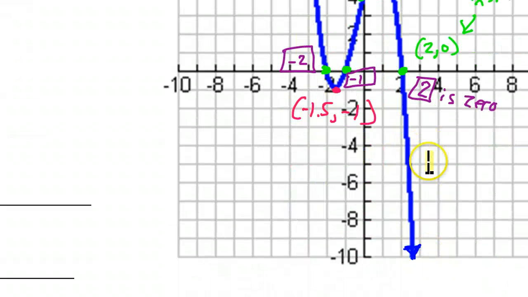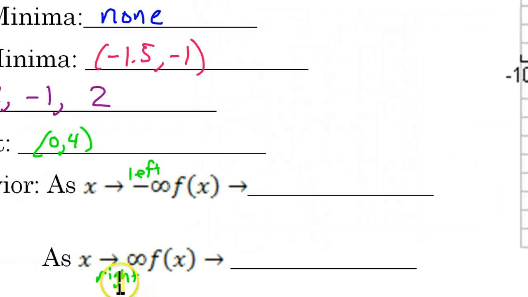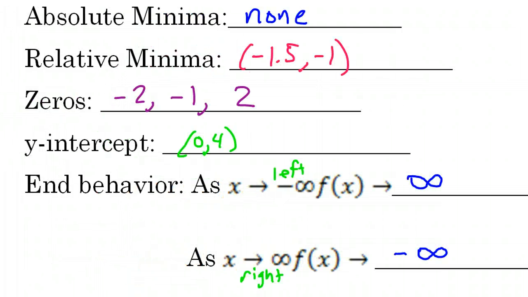On the right, it falls. So on the left it rises, so that's why I'm going to put positive infinity. On the right it was falling, so that's negative infinity. So positive infinity, negative infinity for that end behavior.